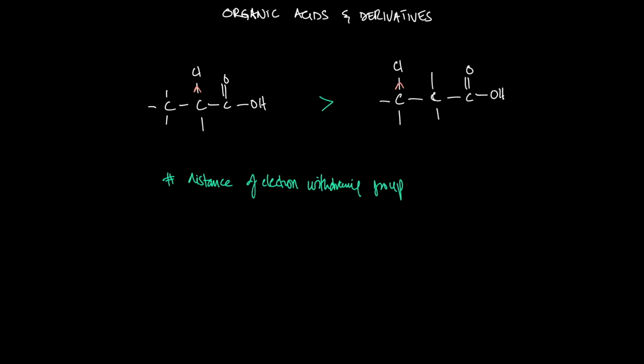Okay? So as the distance of the electron withdrawing group increases, okay, we can say that the acid strength decreases, okay, and therefore the Ka also decreases and the pKa increases.